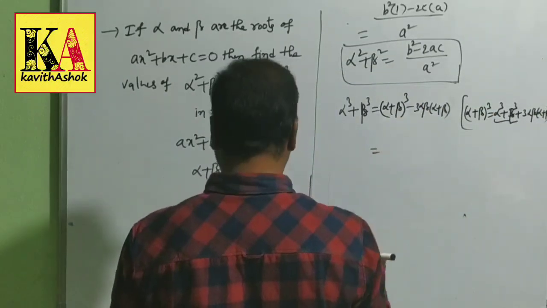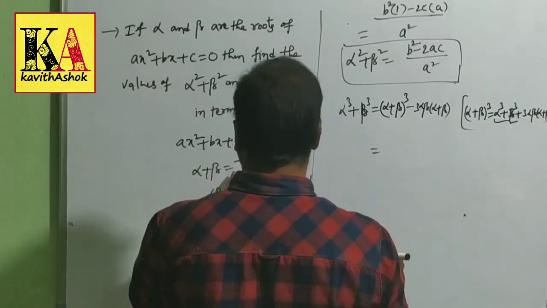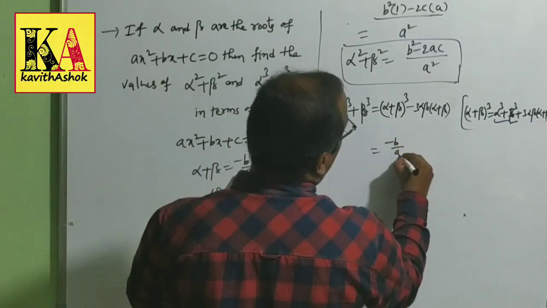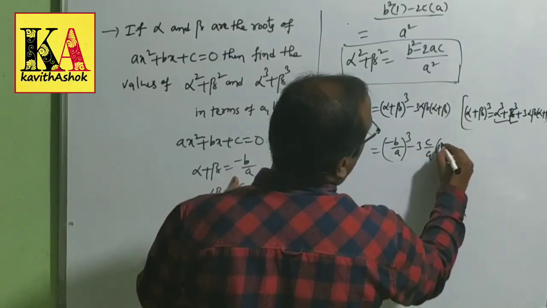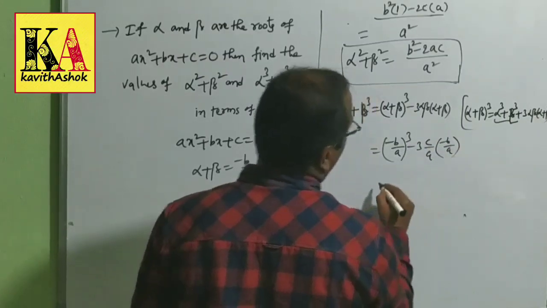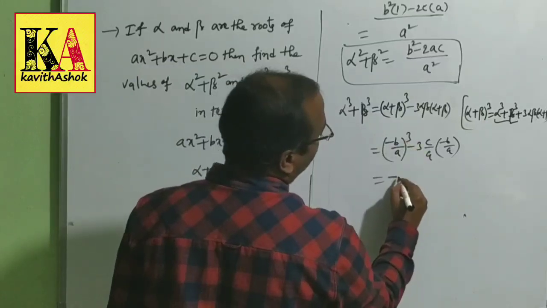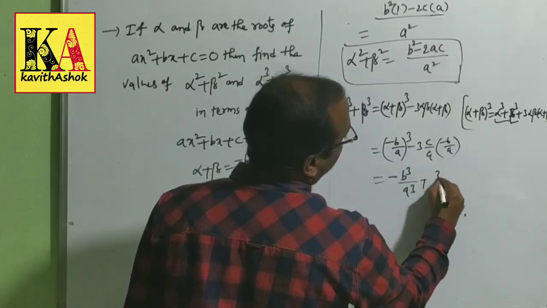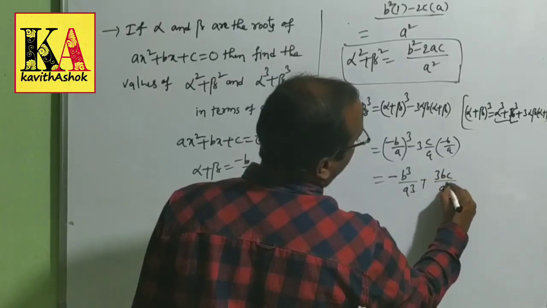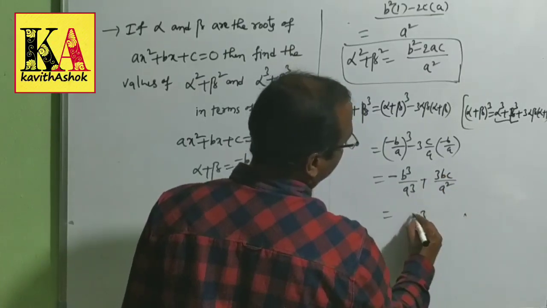Now we have alpha plus beta here. What is alpha plus beta? Minus b by a. Minus b by a whole cube, minus 3 into c by a, and alpha plus beta is minus b by a. Now minus to the power of what? Minus only: minus b cube by a cube, minus of minus, plus 3bc by a square. Now a cube is the LCM.